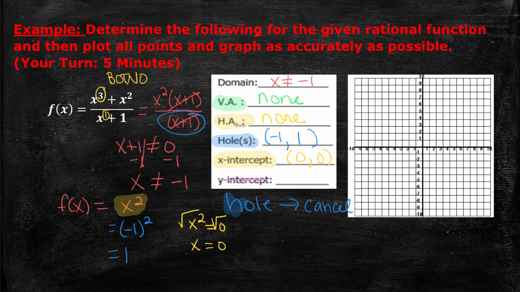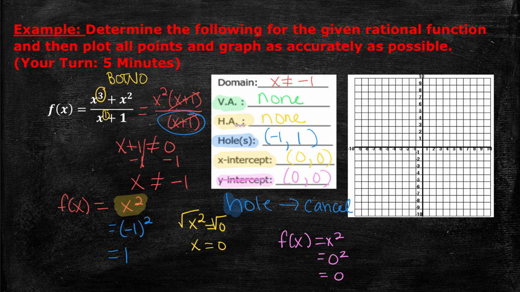Okay, so for the y-intercept, you're going to plug in 0. So if I have f of x equals x squared, when I plug in a 0, that's going to give me 0 as well. So your y-intercept should be the same thing, 0, 0.